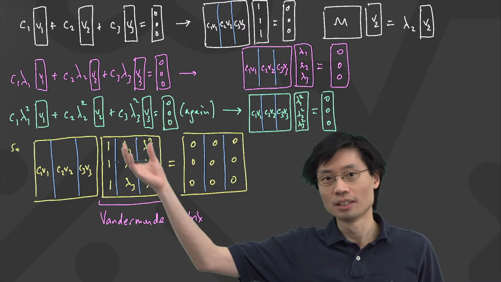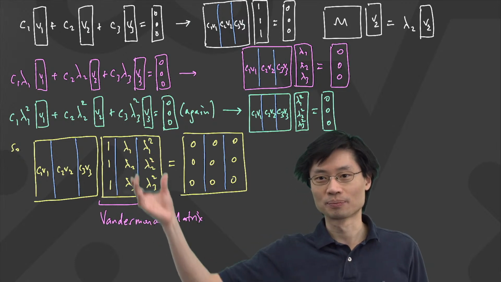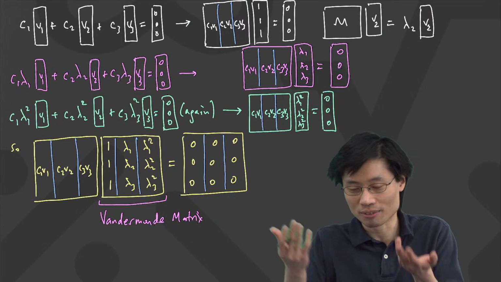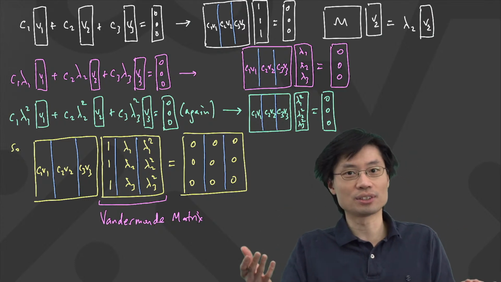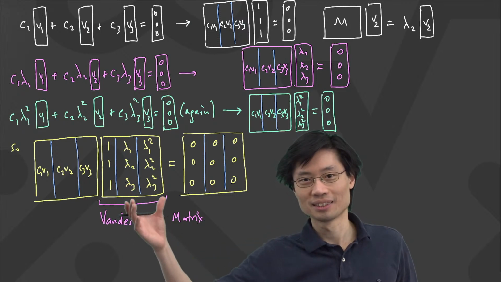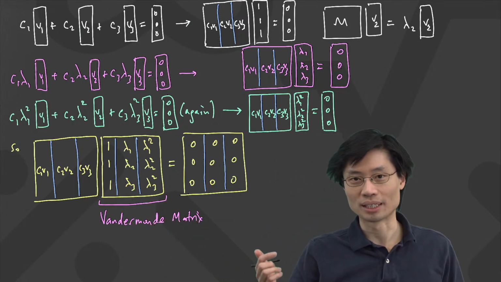In particular, this particular matrix is invertible. In fact, real fun fact, we won't need it for this class, but it's nice for you to know. The determinant of this matrix is incredibly nice. That's called the Vandermonde determinant.